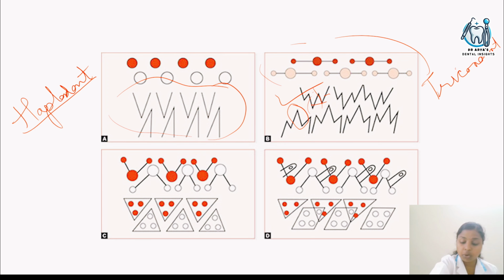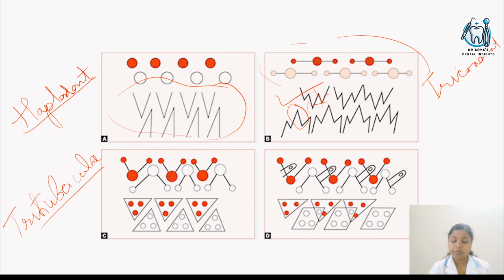Next one is the more efficient three-cornered tritubercular molar arrangement. This is consistent with the teeth bypassing each other more or less when the jaw is opened or closed. So this is a tritubercular arrangement, the more efficient three-cornered molar arrangement.